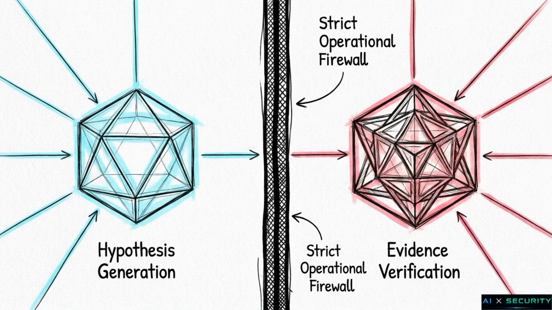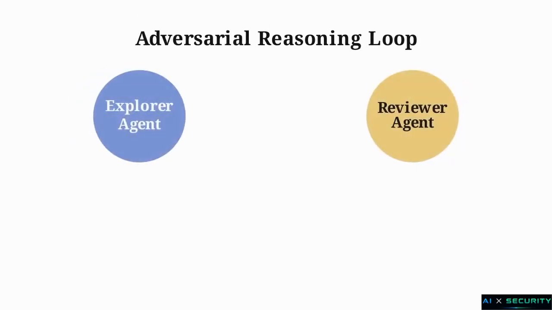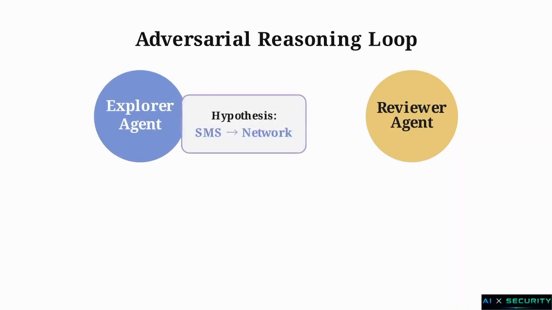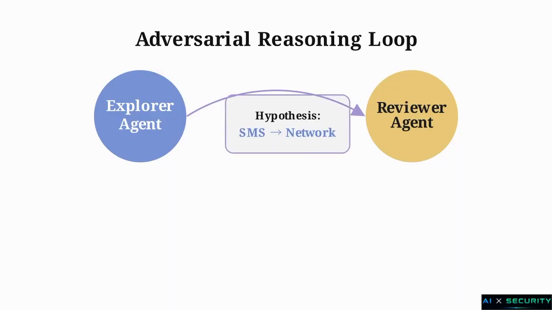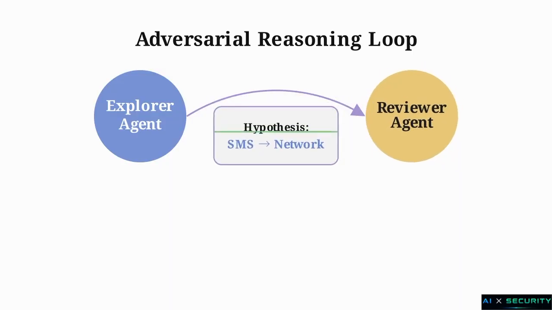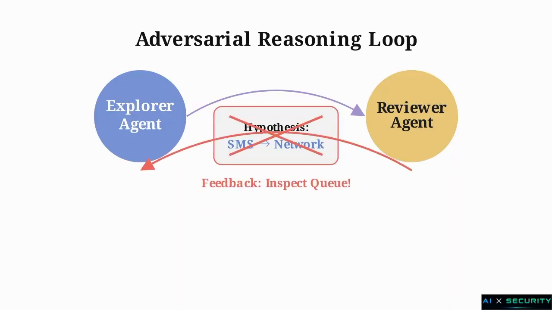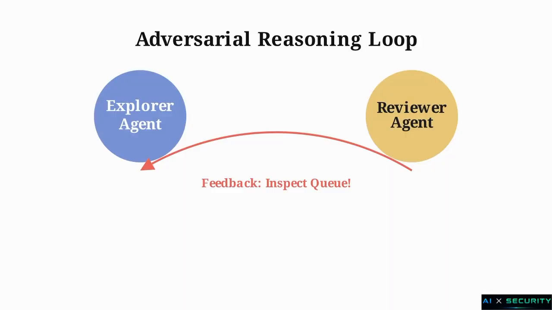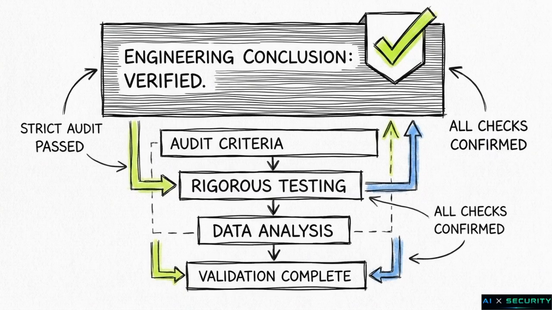The second, central constraint layer is domain grounding. Professional security practice dictates a strict operational rule. The generation of a hypothesis must be entirely separated from the verification of evidence. Malaika splits the model into adversarial roles. The explorer investigates targets and constructs a tentative hypothesis. The reviewer then conducts an independent audit for concrete evidence.